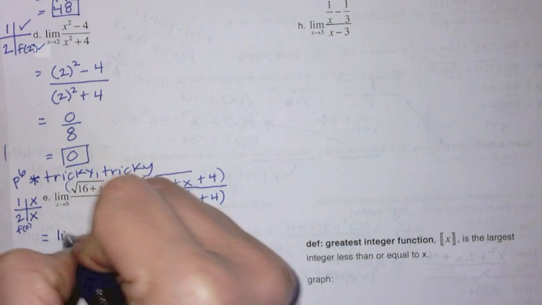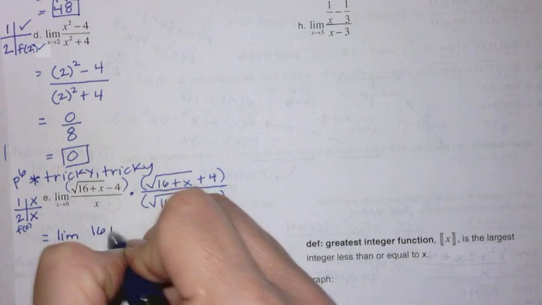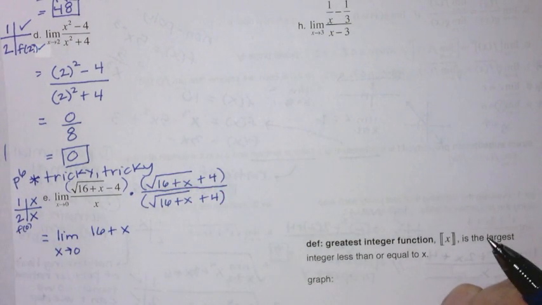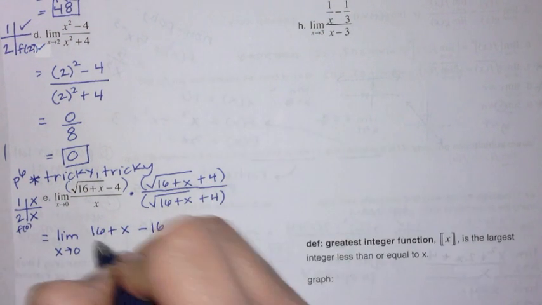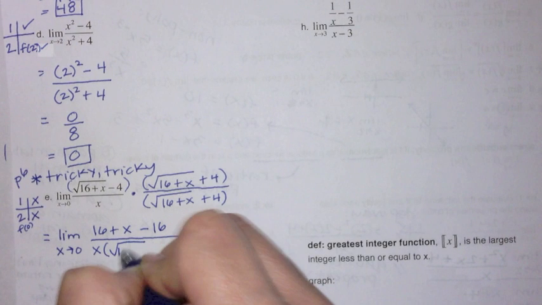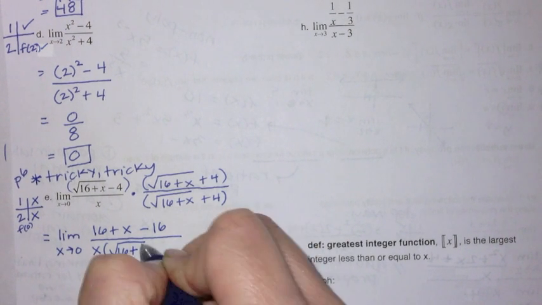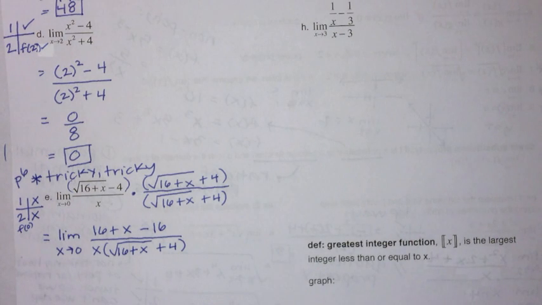So in the numerator, because I've created conjugates, I've created difference of squares, I'm going to get 16 plus x, good with that, minus 16. And in the denominator, the skill that we picked up way back in P6 was to leave it in factored form.